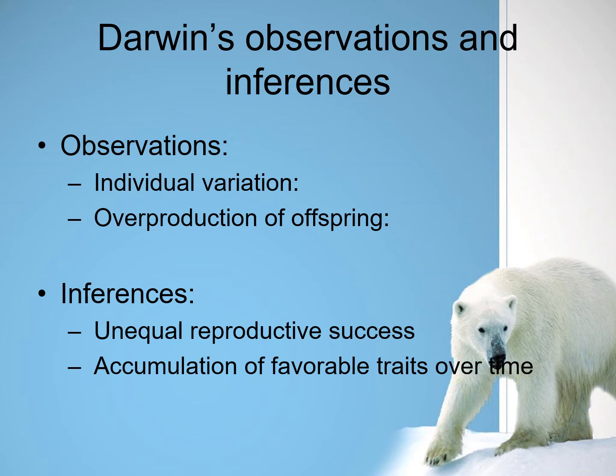If the big one is too slow to get away from the predator, they're not going to be reproductively successful. And so maybe only a few of them survive, and the ones that survive then are the ones that pass their traits to the next generation. So what happens is you get this accumulation of favorable traits over time.